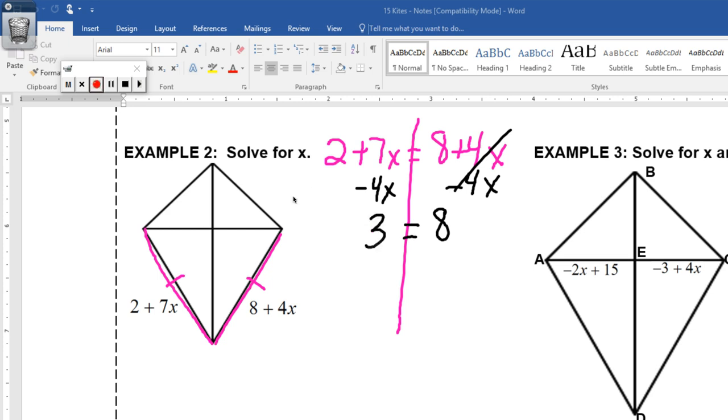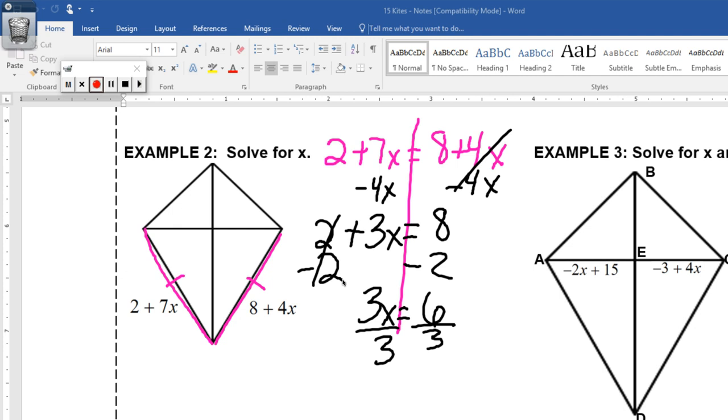We're going to have 3x here plus 2. Then we subtract 2 from both sides. And the last thing that we do is we divide by 3. So x equals 2.